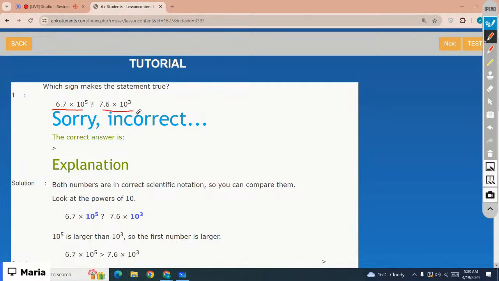Just look at the powers of 10. Here you have 5 and here you have 3, right? 10 exponent 5 is greater than 10 exponent 3. That means 6.7 times 10 exponent 5 is greater than 7.6 times 10 exponent 3, right?